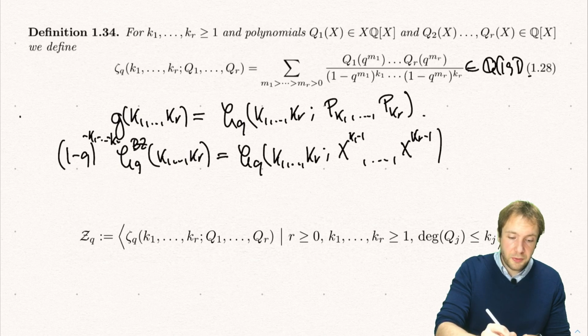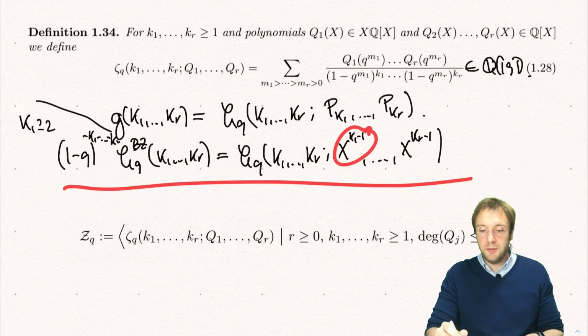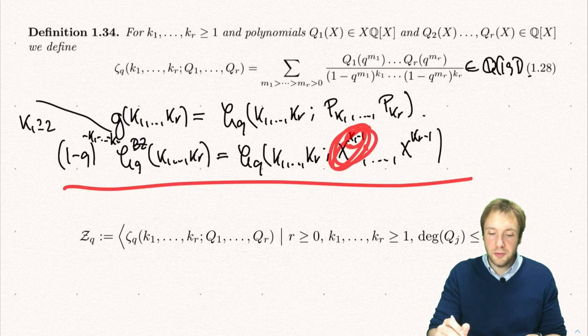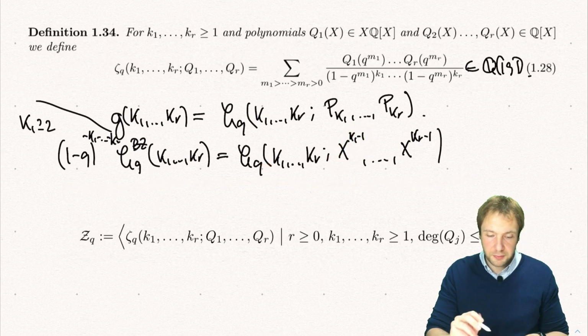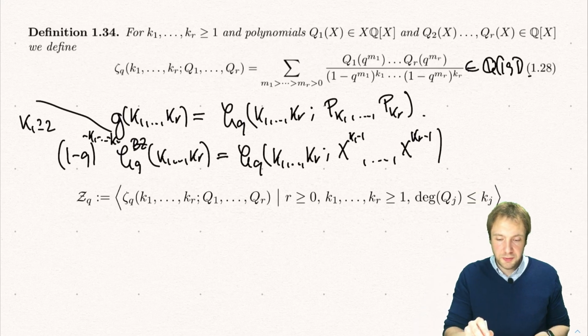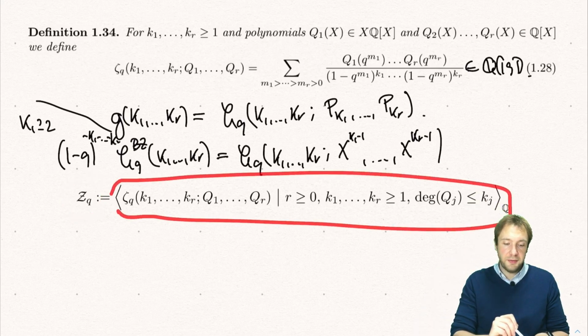And here it's important that k1 is greater or equal to 2, at least for this part, because if k1 would be 1, then this would have a constant term, and this object doesn't make sense.